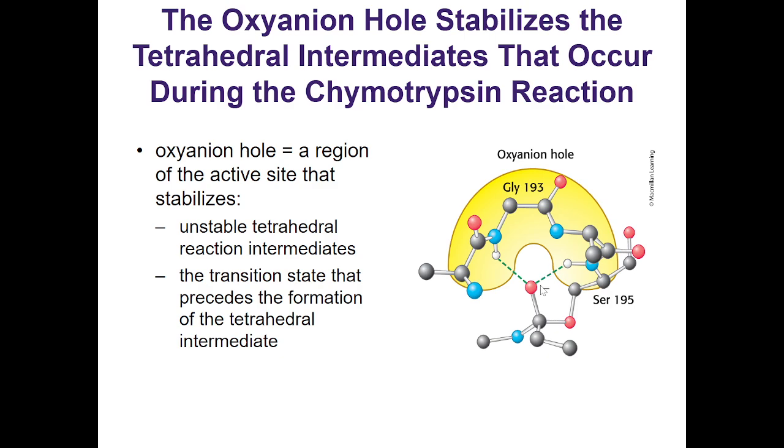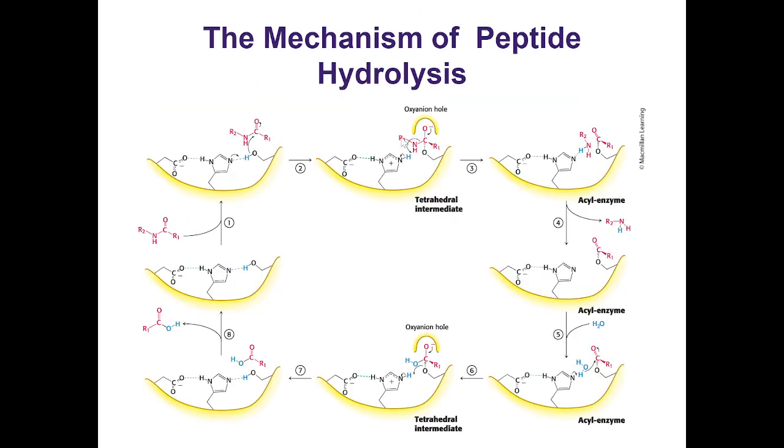Before you form the tetrahedral intermediate, this state right here is still going to be hydrogen bonded in there, and it's going to make it easier for the electrons to get pulled up onto that oxygen, right? So it actually helps the transition state before you hit this intermediate as well, okay? That state where you're actually transferring electrons. It makes that carbon a little bit more positive than it would normally be, right?